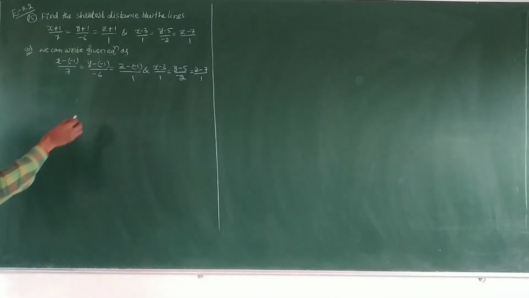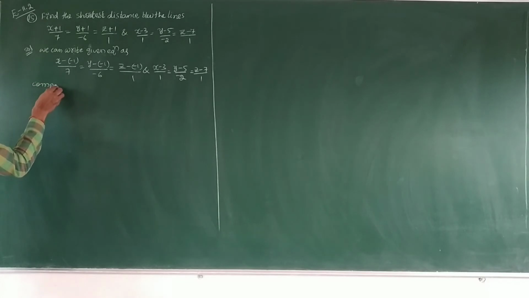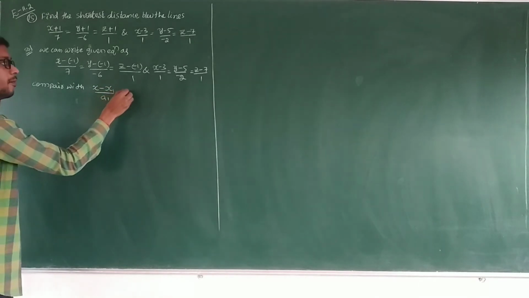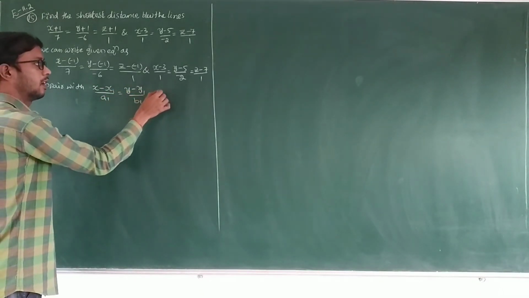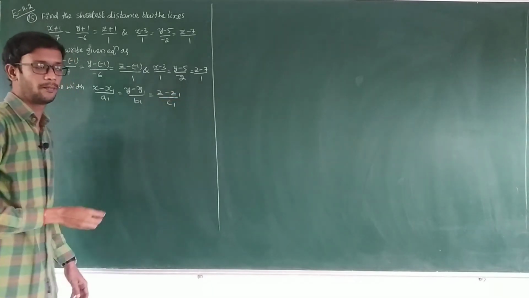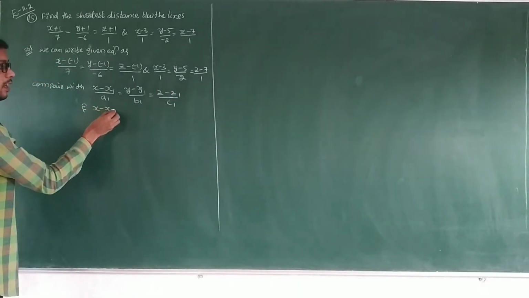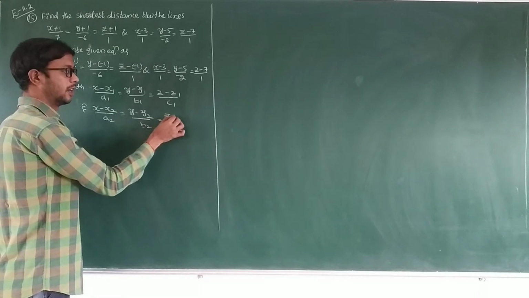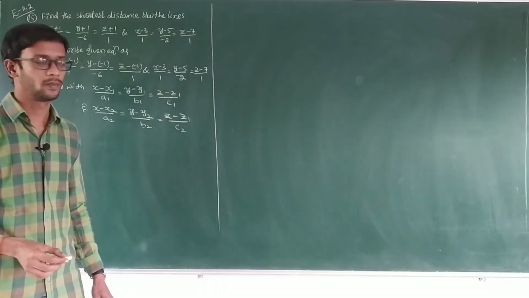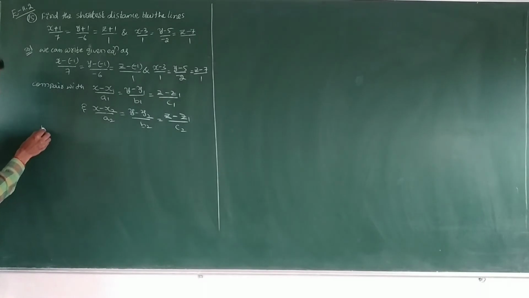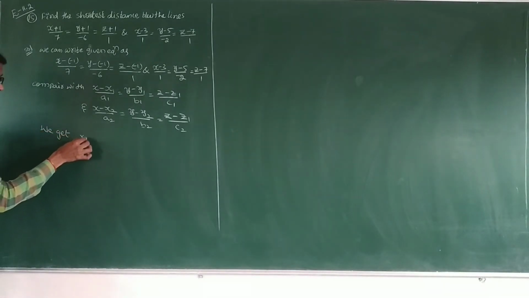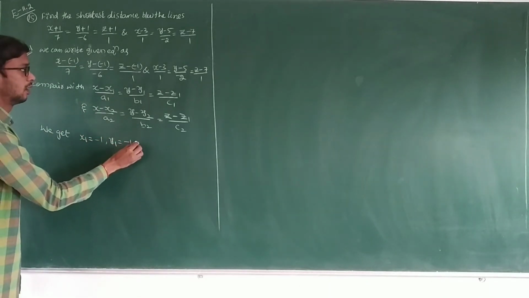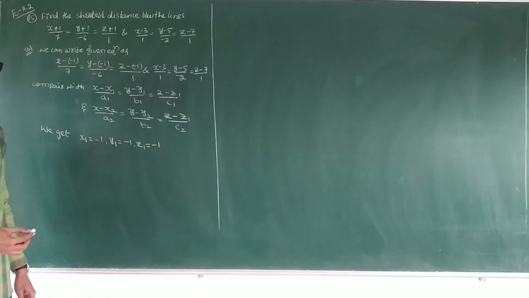So now compare these equations with x minus x1 by a1, y minus y1 by b1, z minus z1 by c1, and x minus x2 by a2, y minus y2 by b2, z minus z2 by c2. If we compare, what do we get? x1 is equal to minus 1, y1 is equal to minus 1, z1 is equal to minus 1.